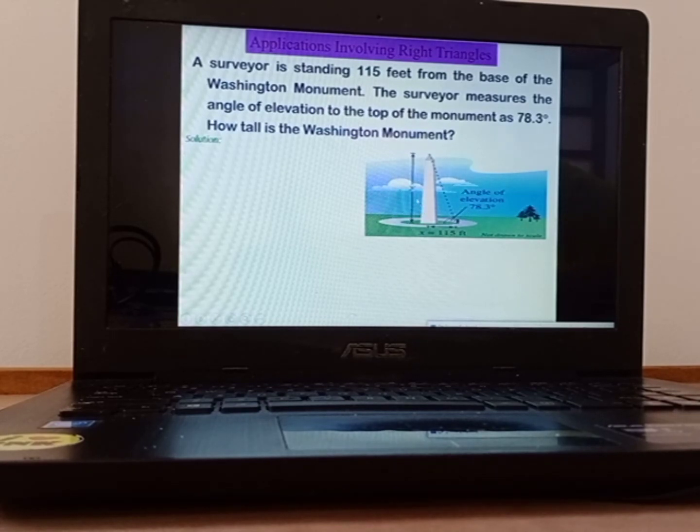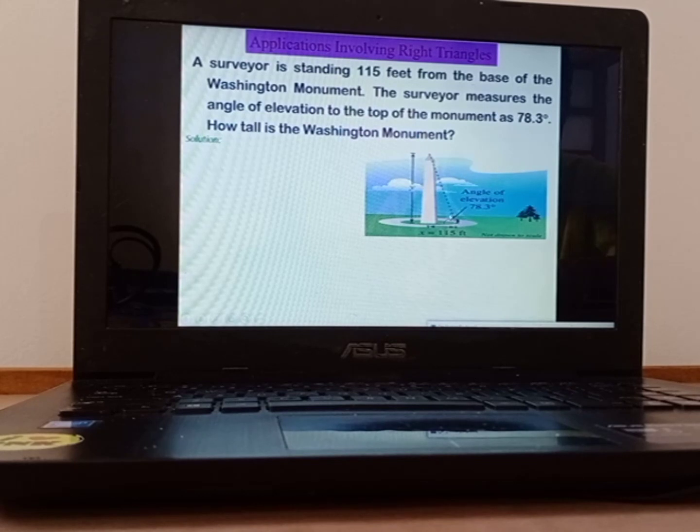So let's have this sketch, which assigns a variable y. This is our angle, and this is our measurement. Let's identify our opposite, adjacent, and hypotenuse.